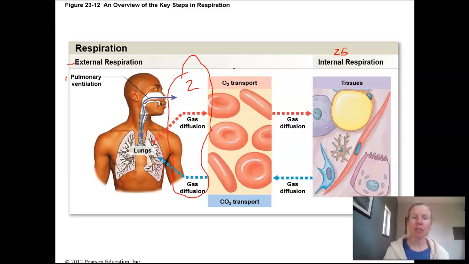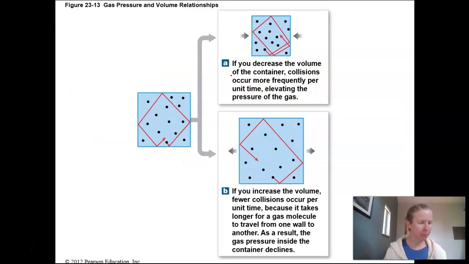And then the third and final portion of what we would call external respiration is oxygen and CO2 transport, right? So how do we actually carry these in the bloodstream? And it's a little more complicated maybe than we would think to begin with. Okay, so let's look at each of these a little bit more in depth.